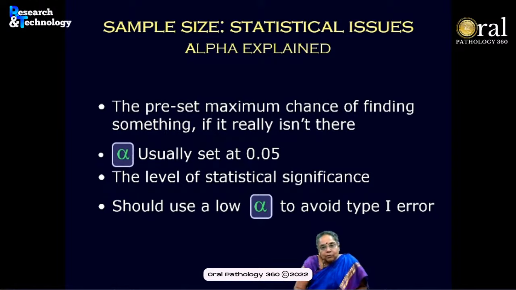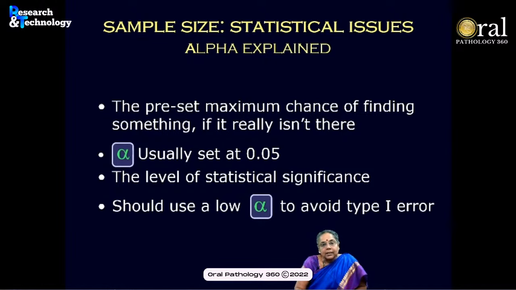And that process of going wrong is called the type 1 error. This type 1 error is usually set at 5%. That's why alpha is 0.05, which we call the level of statistical significance. Whenever you want to have the least type 1 error, then you should have a low alpha.